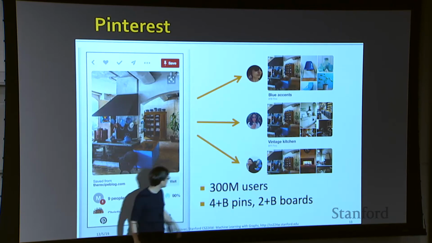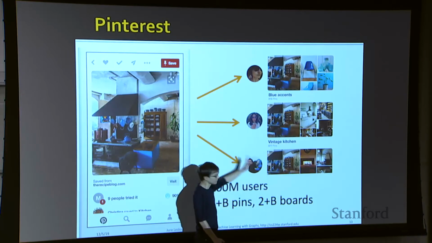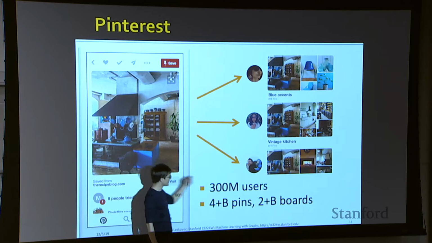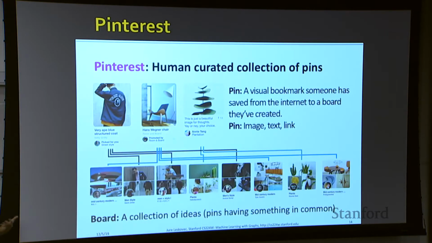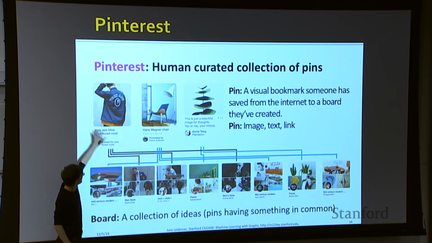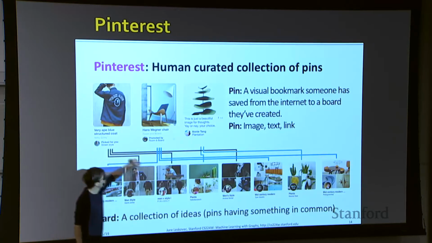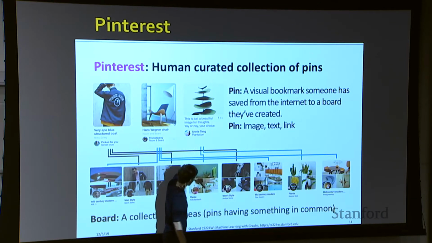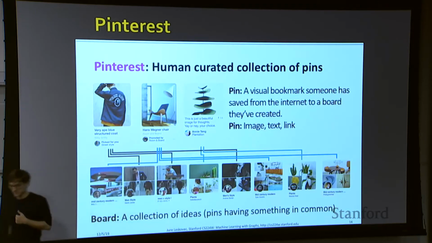You have about 4 billion images, about 2 billion collections, and over 200 billion of these edges or connections between images and the boards they belong to. Okay? So you can naturally interpret Pinterest as a bipartite graph of pins and the collections they belong to. Every pin has an image associated with it and text, and every board is simply a collection of pins. Okay?